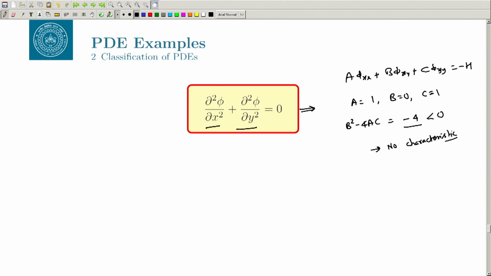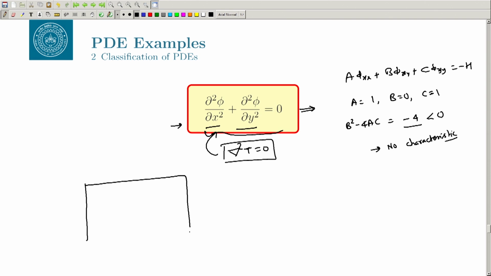This equation, if you write it as del square T equal to 0, is also the same equation. This is the steady state heat conduction equation in 2 dimensions, right. So, let us say you have a domain like this, and you put some disturbance here in the beginning, let us say you put a heater there, and you may have some boundary conditions here.